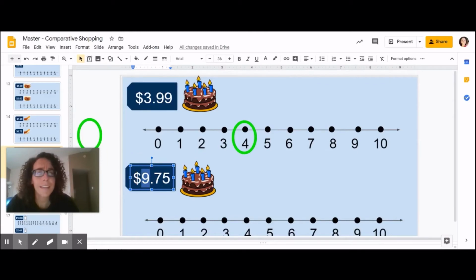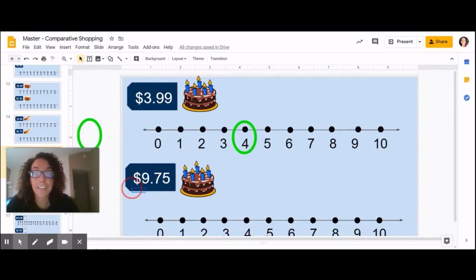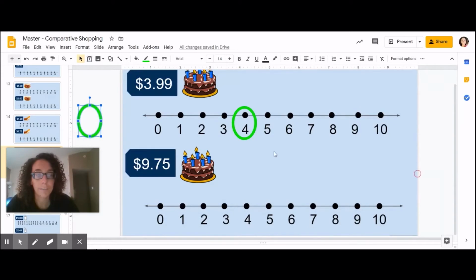Let's do it with this price down here. What number is that? That's right. That's the number 9. Let's find 9 on our number line. 0, 1, 2, 3, 4, 5, 6, 7, 8, 9. But wait, are there coins?